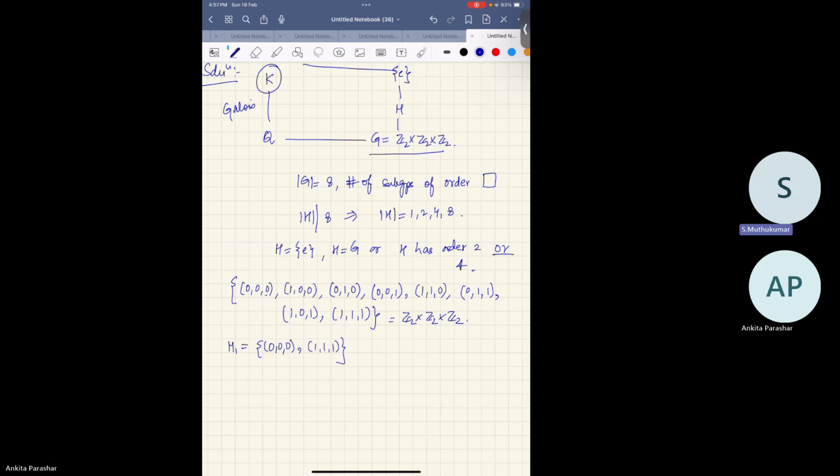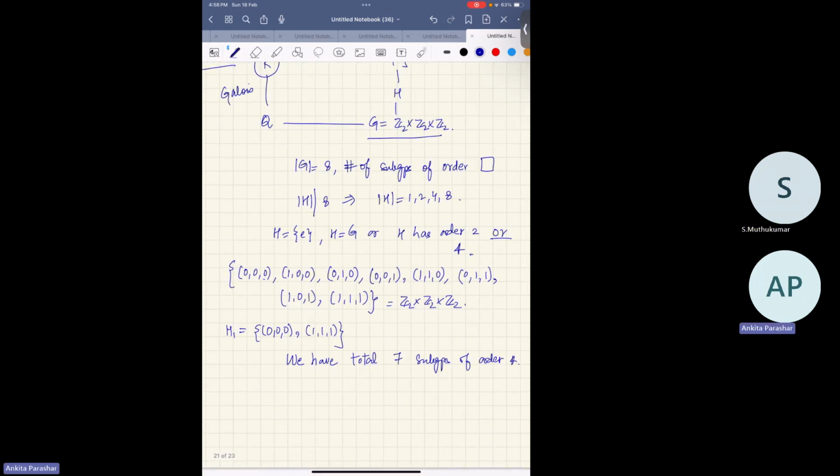Along with 0,0,0, we can take any one of these elements. Exactly. So how many? That is 7. So we have a total of 7 subgroups of order 2.